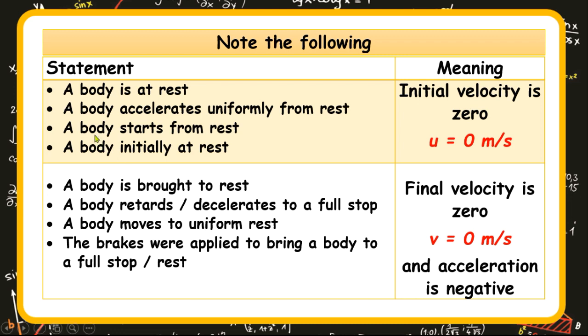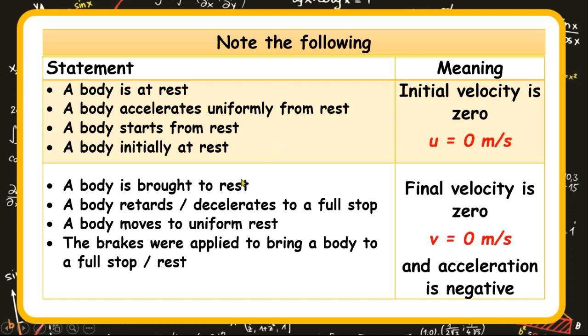First, if you have a statement like a body is at rest, a body accelerates uniformly from rest, a body starts from rest, a body initially at rest. The common thing among these is beginning from rest. All it means is then the initial velocity is 0 meter per second. That is the meaning of this statement.